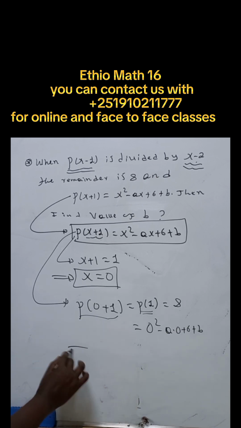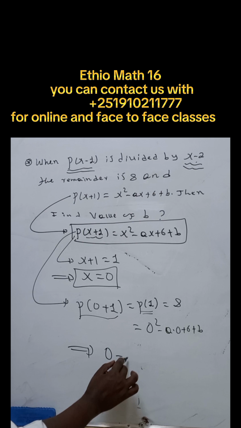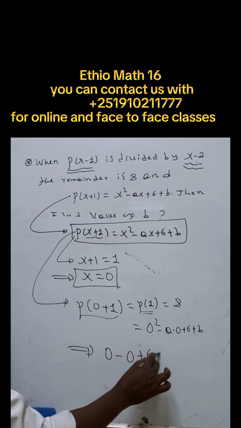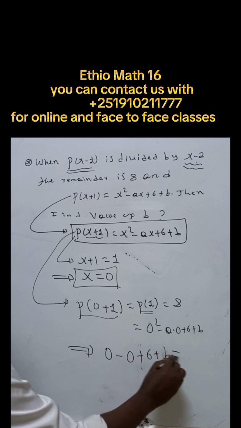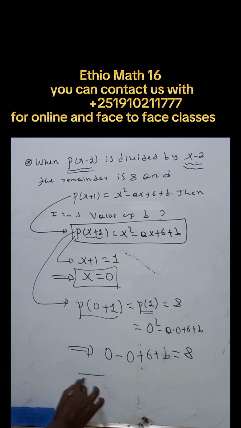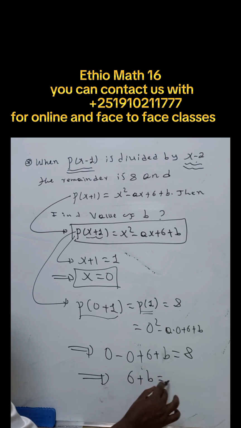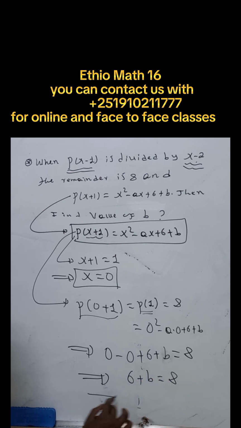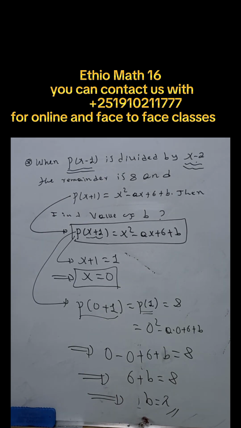So 0 squared is 0, minus 8 times 0 is 0, plus 6 plus b is exactly 8. So 6 plus b is 8. Now solving, b will be 8 minus 6, which is perfectly 2. So this is the value of b, solved from the given equation.